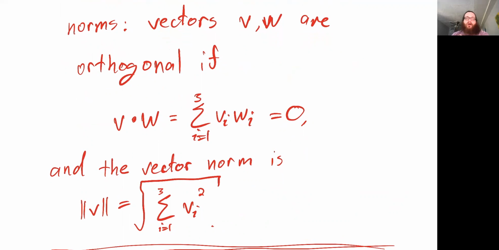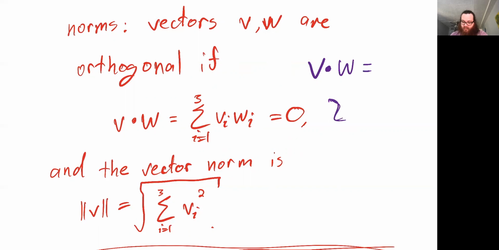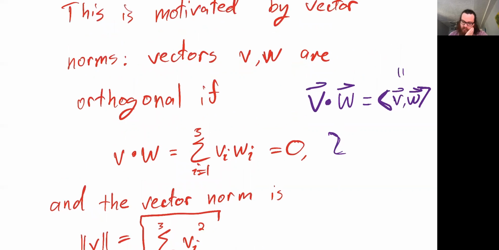So the connection here is that v dotted with w behaves a whole lot like, and I'm going to use a slightly different notation, here v and w are vectors. For this dot product we're using instead this angle bracket notation, which means the sum of v_i w_i, say in 3 dimensions, i equals 1 up to 3.